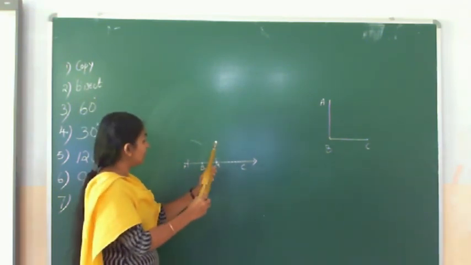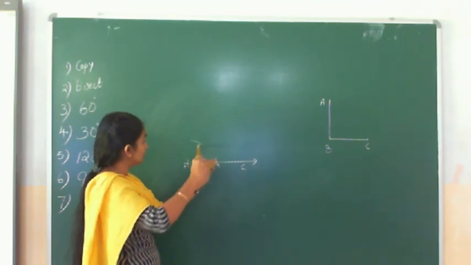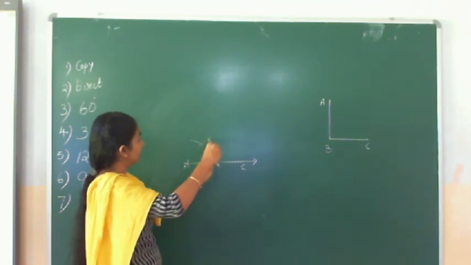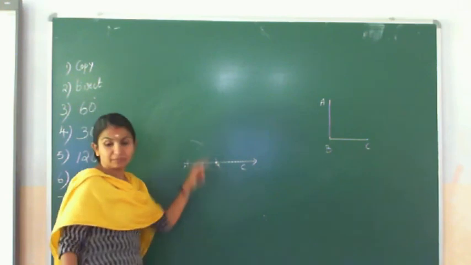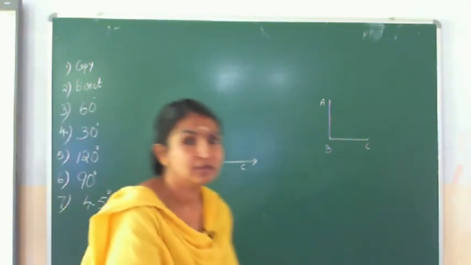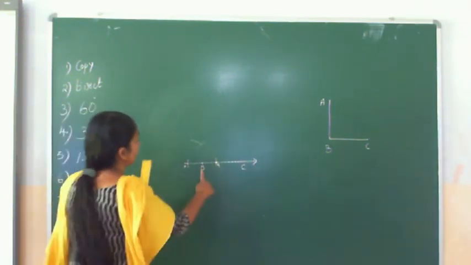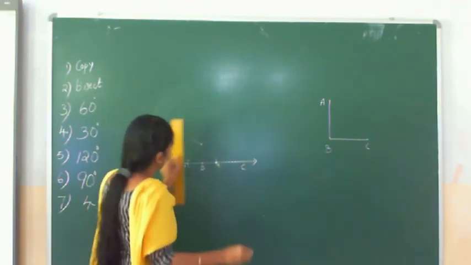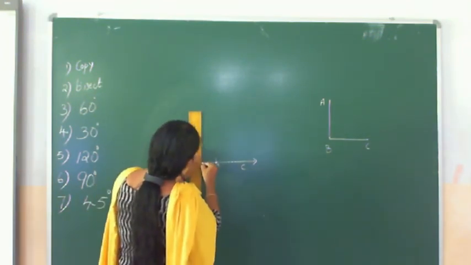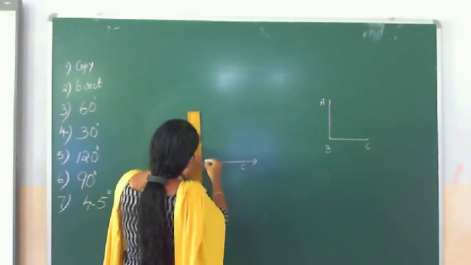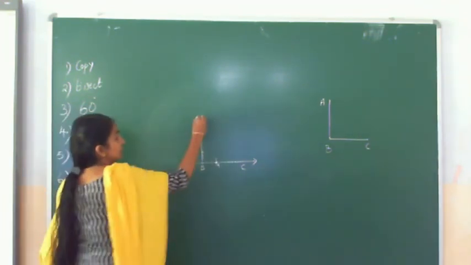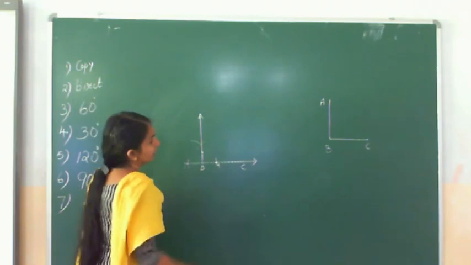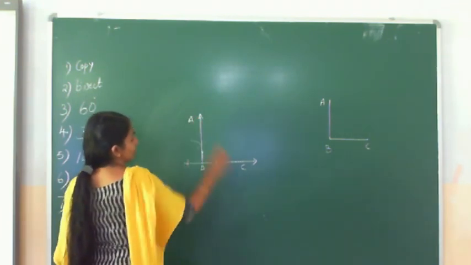The same way with this Q as center, another one. It bisected here. Now this point we have to join with this B. The point where these 2 arcs intersected should be joined with this B. Just extend it. Okay. This is the required angle ABC.